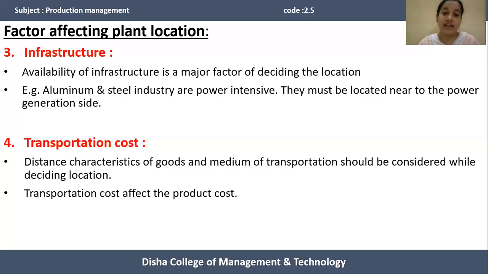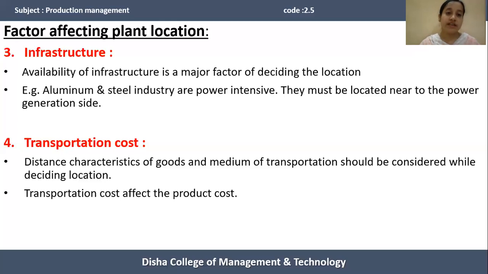They get their energy from NTPC, which is a power generation site situated in Visakhapatnam. It means the industrialist should locate their industry in a place where various facilities are available, and if that place is infrastructurally developed, then only do the industrialists make decisions to install their plants.